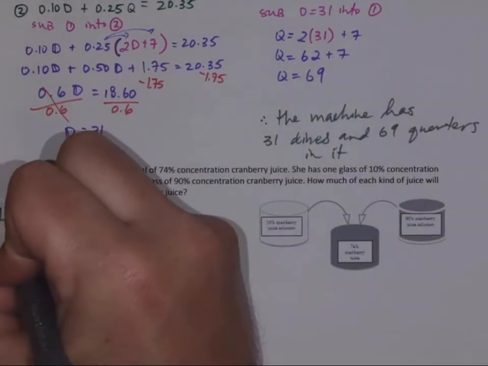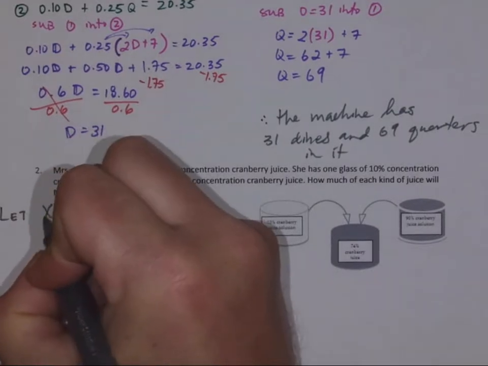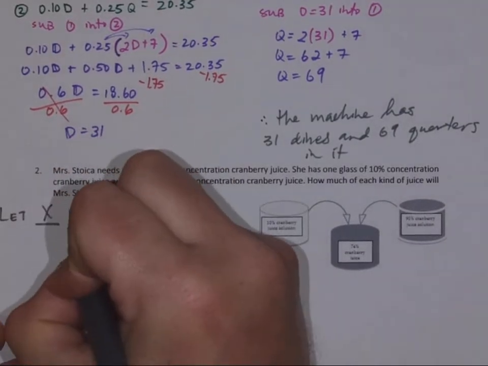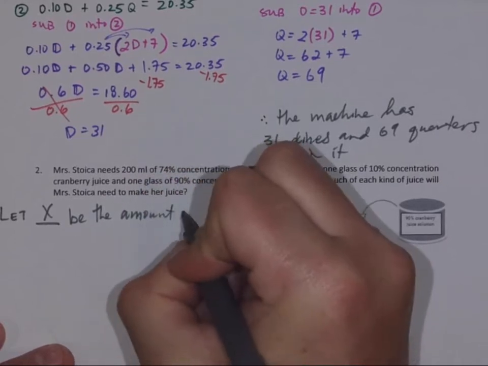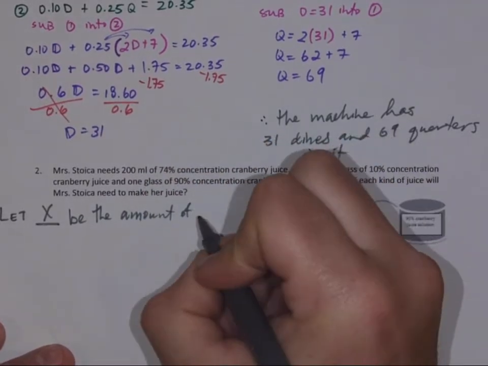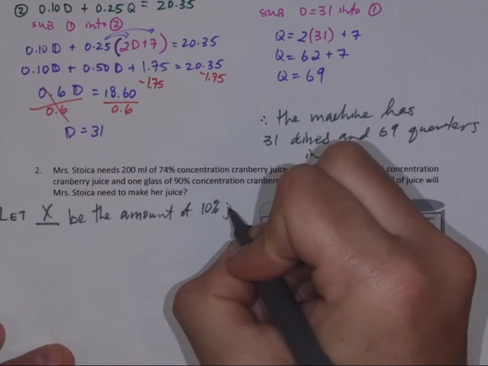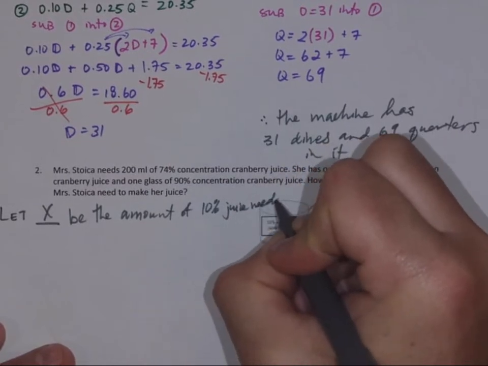So this one's a little bit more wordy, but let X be the amount of 10% juice needed.